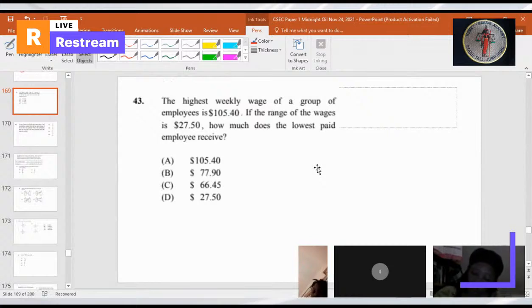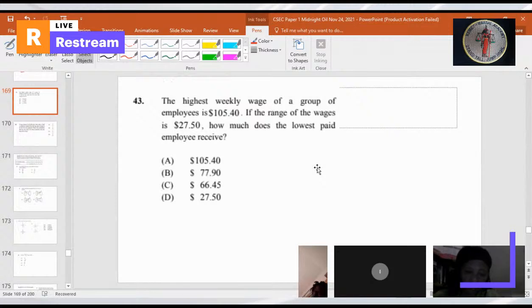When you just subtract $105.40 minus the $27.50, why would you do that?